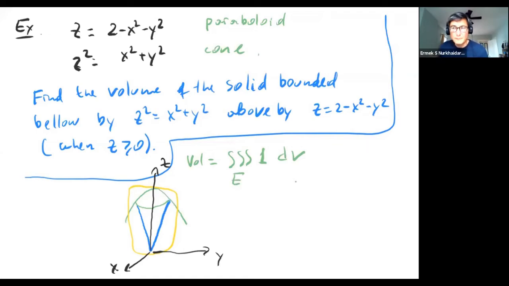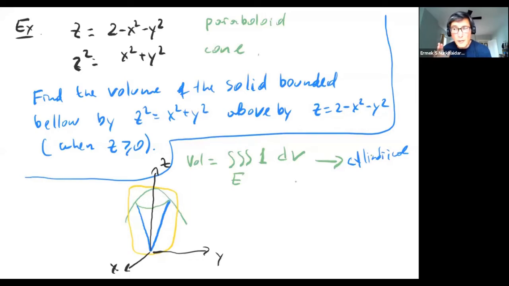What we want to do is switch to polar. Because we're working with a triple integral, it's called cylindrical. So we're switching to cylindrical.